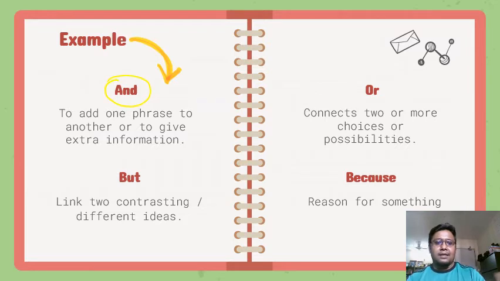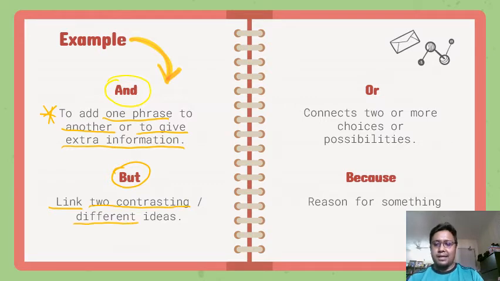We use and in order to add one phrase to another, or to give extra information about something. The second one is but. We use but in order to link two contrasting ideas or two different ideas.